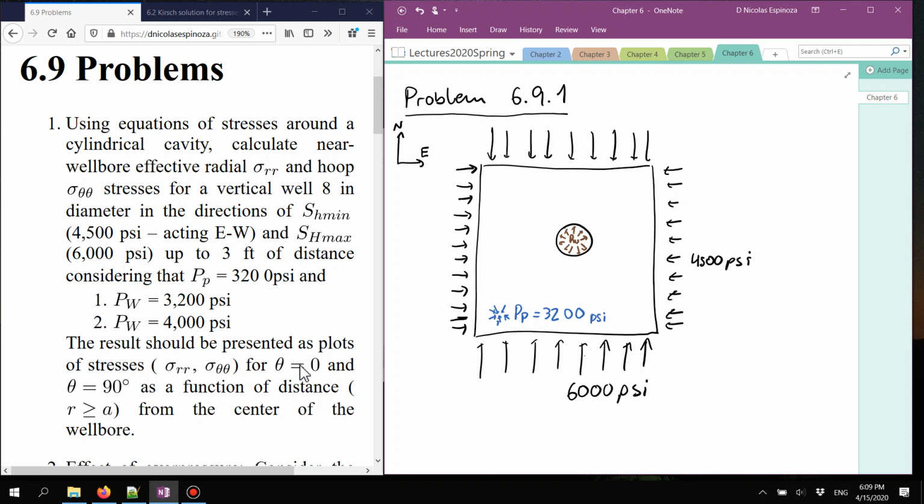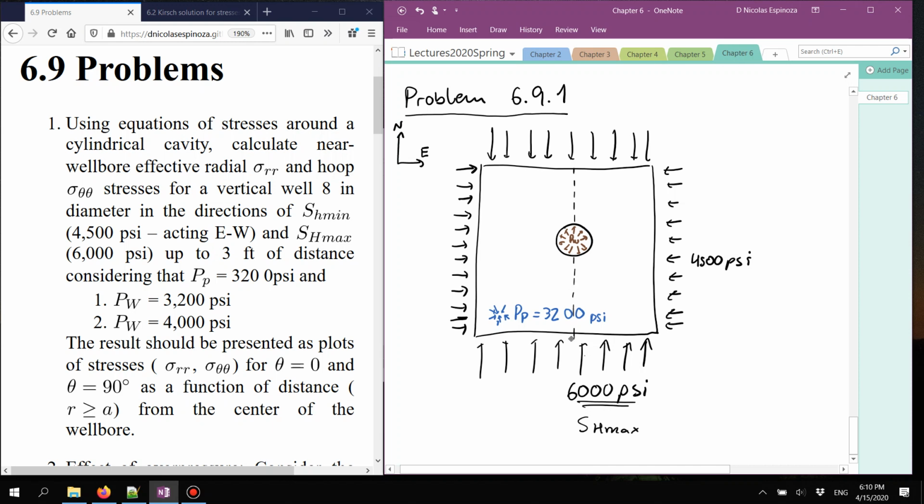So remember that theta is always measured from the direction of the maximum principal stress. In this case, the maximum principal stress is here. This is SH max, and it's going north-south. So the angle theta is going to be measured from the direction north-south. Let me add an imaginary line over here to help understand what's going on.